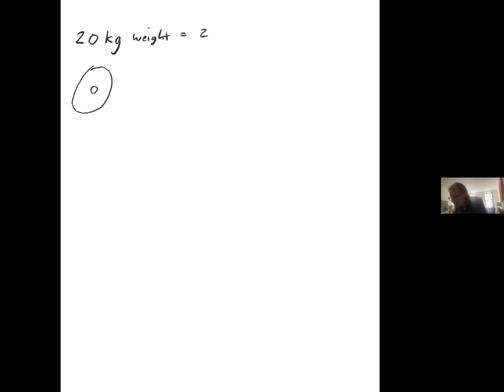So that's really 20,000 grams, because 20 times 1,000 gives you 20,000. They're not going to put 20,000 grams on there. They're going to put 20 kilograms because that's just an easier number to write. It's easy to say, go get me a 20 kilogram weight. Don't get me a 20,000 gram weight. So that's the idea. We use the prefixes when we can in order to make the numbers more reasonable.